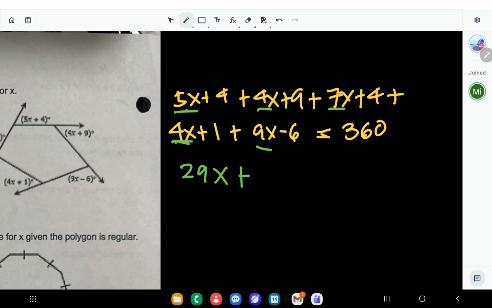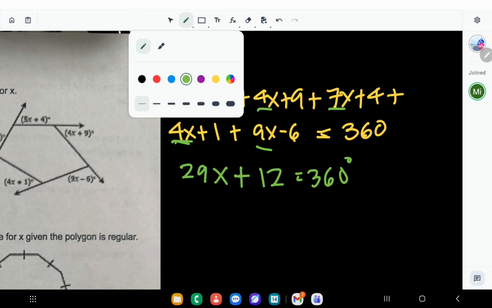Then okay, you're following? The constants: 4 plus 4, 8 plus 9, 17 plus 1, 18. 18 minus 6 is 12.